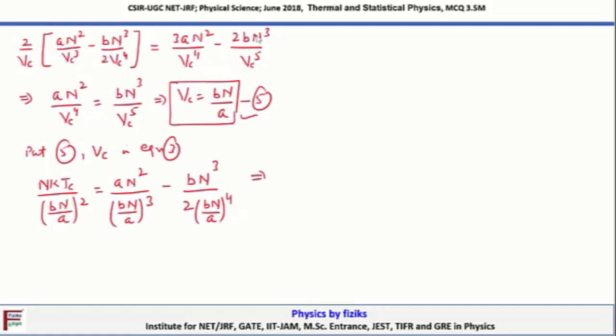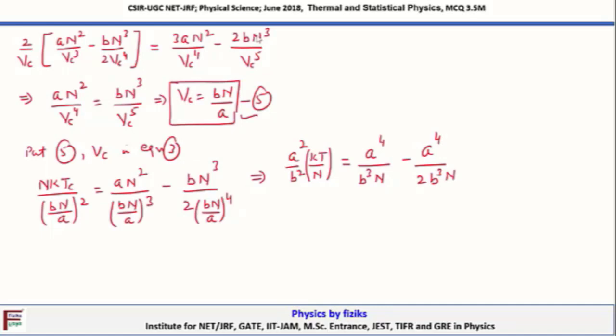So this implies a square by b square into kT by n, and that is equal to a^4 divided by b cube n minus a^4 divided by 2b cube n.